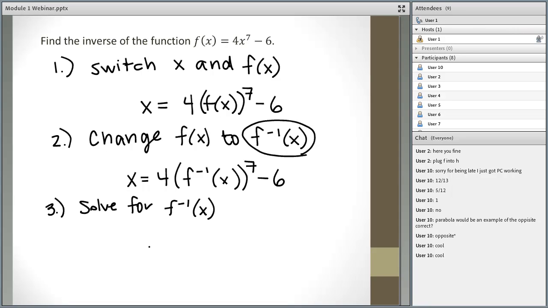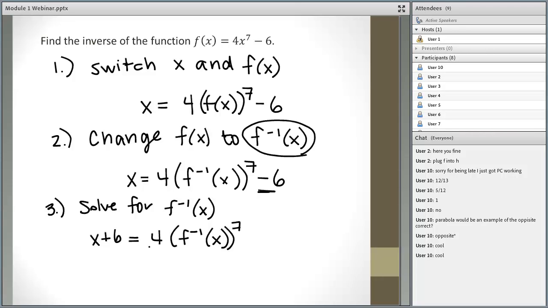Basically, that means I'm going to get everything on the other side of the equation, get f inverse of x by itself. So the first thing I want to do is add over the 6. I need to move this 6 over to the other side, so I'm going to have x plus 6 equals 4 f inverse of x to the 7.